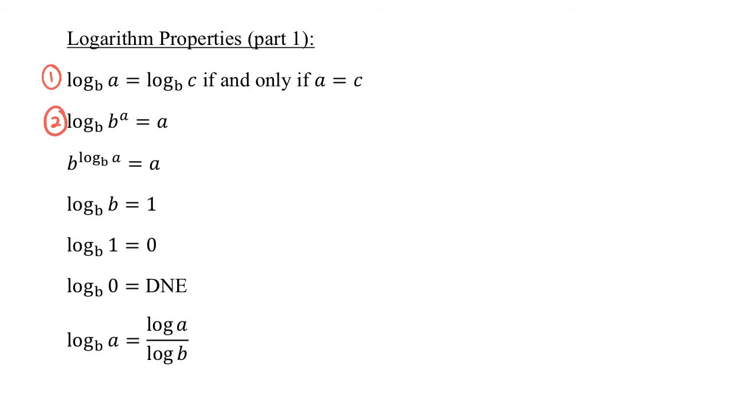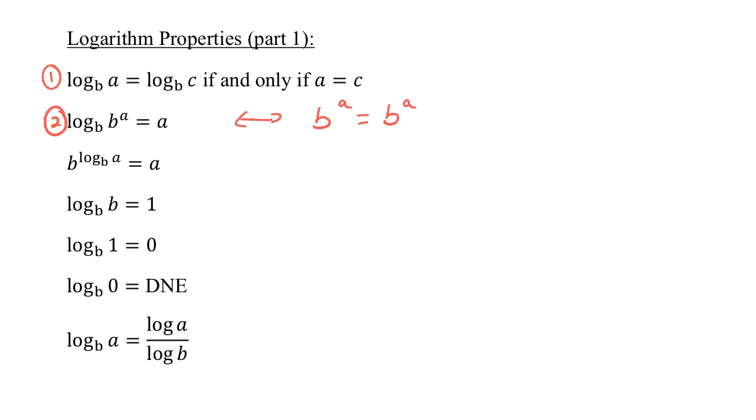To prove that it's true, turn it back into exponential form. The base remains the base. The answer becomes the exponent, and then the argument goes to the right-hand side. And look what I get. If you can't see what I'm pointing to, take a look up.